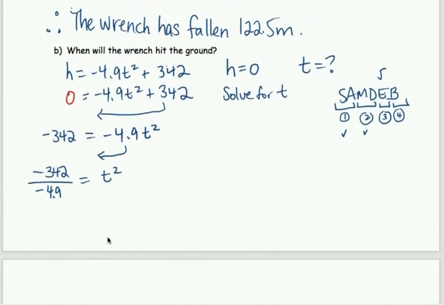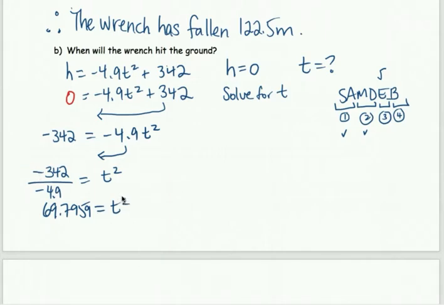Divide those out: negative and negative make a positive, and you get 69.795, etc. Let's carry a few extra digits here. That equals t squared. We're almost there.